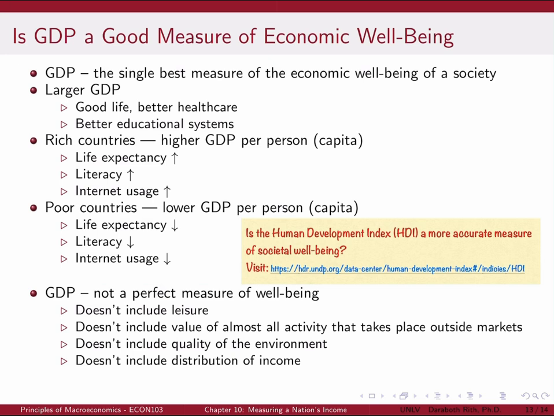To gain a more comprehensive understanding of societal well-being, we can consider the Human Development Index, HDI, which is a more holistic measure developed by the United Nations Development Programme, UNDP. The HDI provides a broader perspective on human development and well-being. For further insight into the HDI, please refer to the provided link.